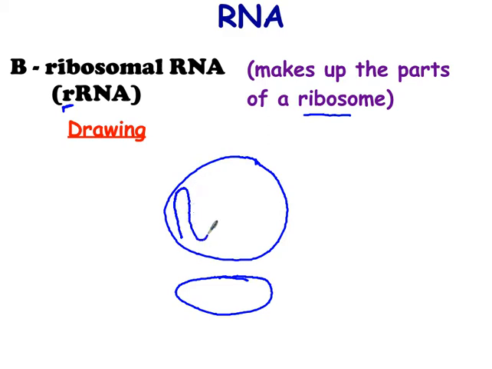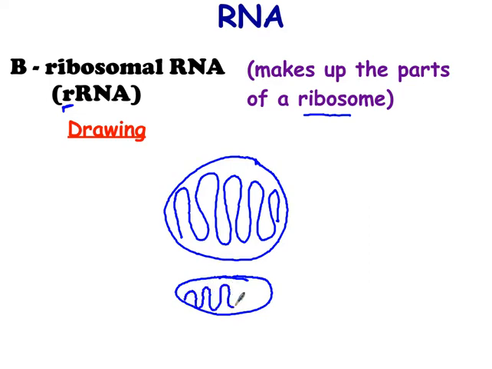And this rRNA is all throughout both the large and the small part of the ribosome, just making up the structure. And we have this little space here in the middle because that's where our mRNA is going to bring the message. Okay.